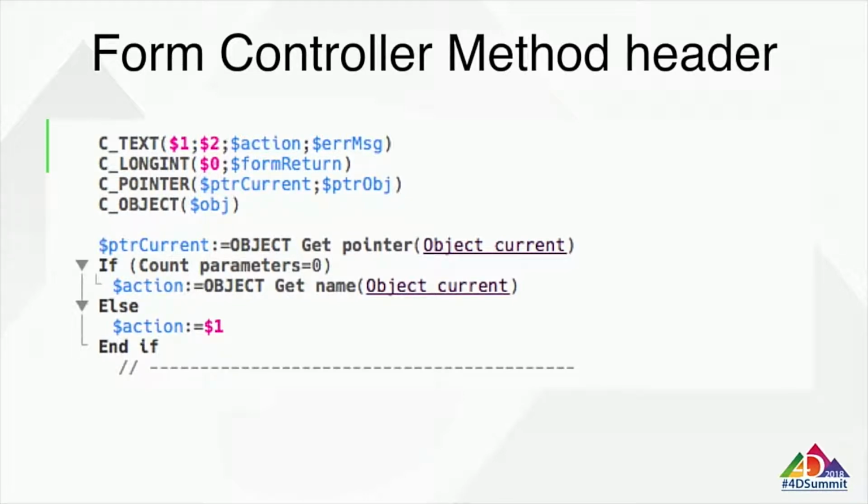So if I've got a button accept, that's going to be the name of the action. That makes it really convenient to keep track on your form controller of what objects you've got on your form and what they're doing. This option of calling it with a parameter allows you to call that form controller in any of those actions without it having to come necessarily from an object. Now, why would you want to do that?